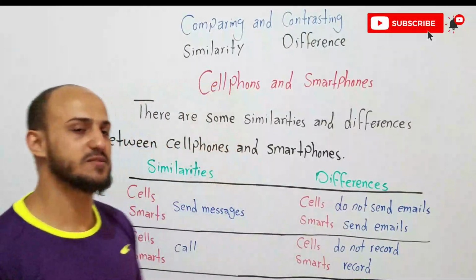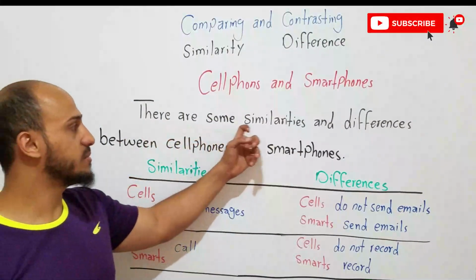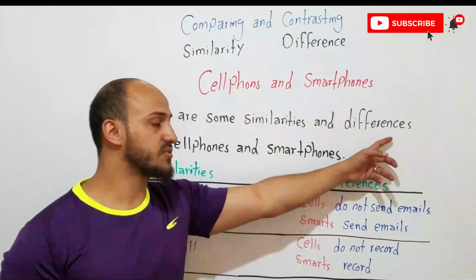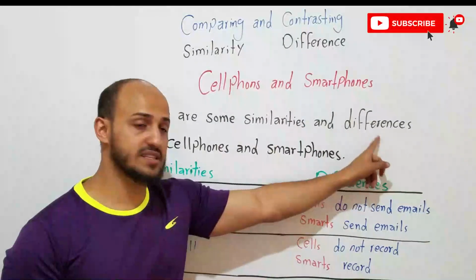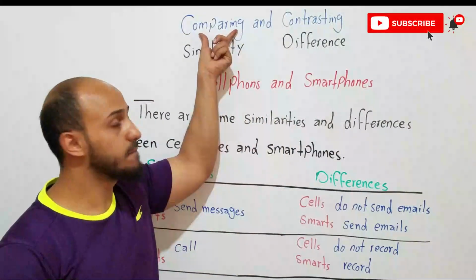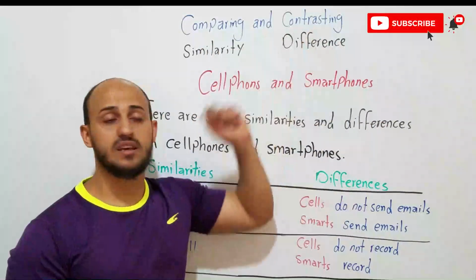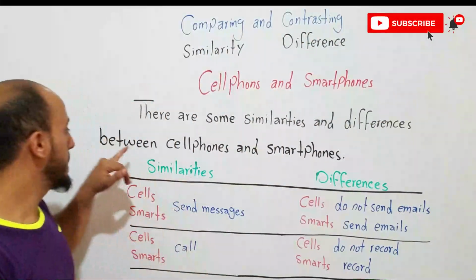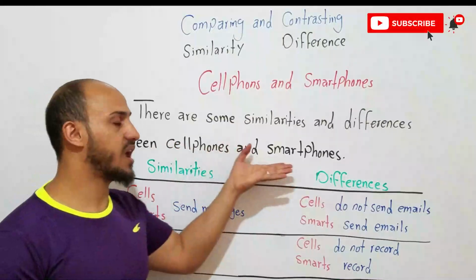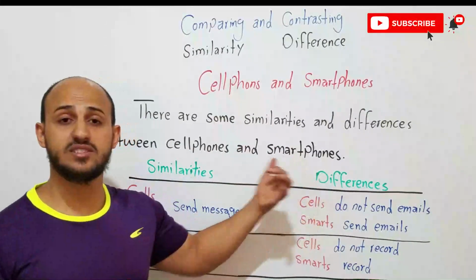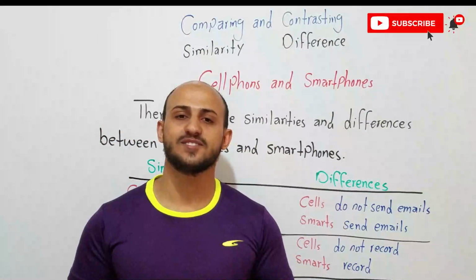Let's read it together. There are some similarities and differences between cell phones and smartphones. Similarity, comparing. Differences, contrasting. This is your topic sentence.